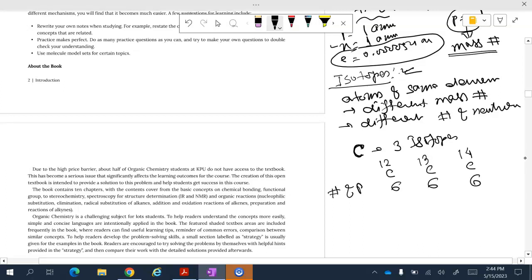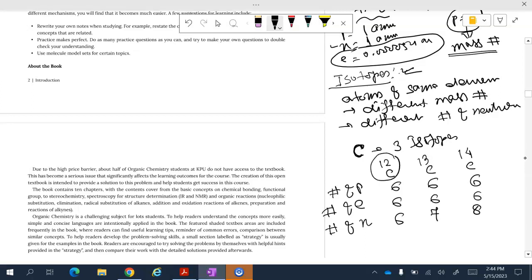That is the atomic number. Of course, the number of electrons will also be 6 in each. Now, in carbon 12, the number of neutrons is 6, so 6 and 6 is mass number 12. In carbon 13, the number of neutrons is 7, so 7 and 6 is 13. And in carbon 14, the number of neutrons is 8.